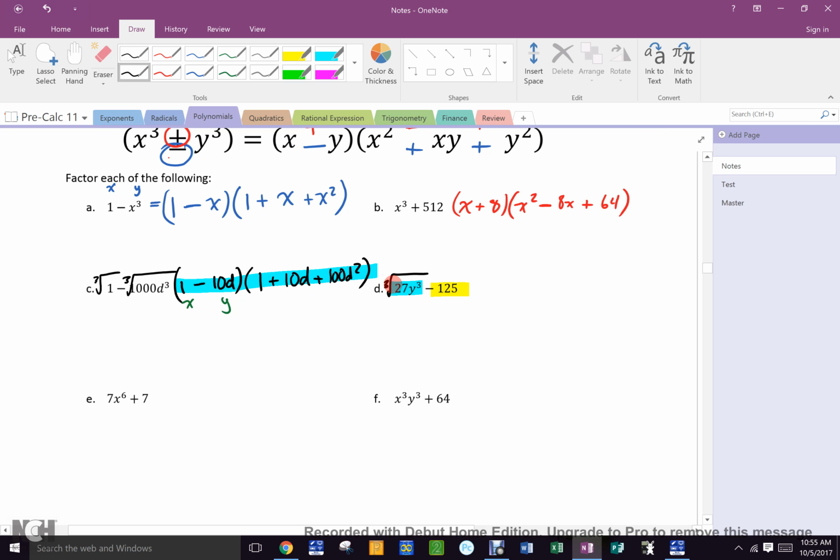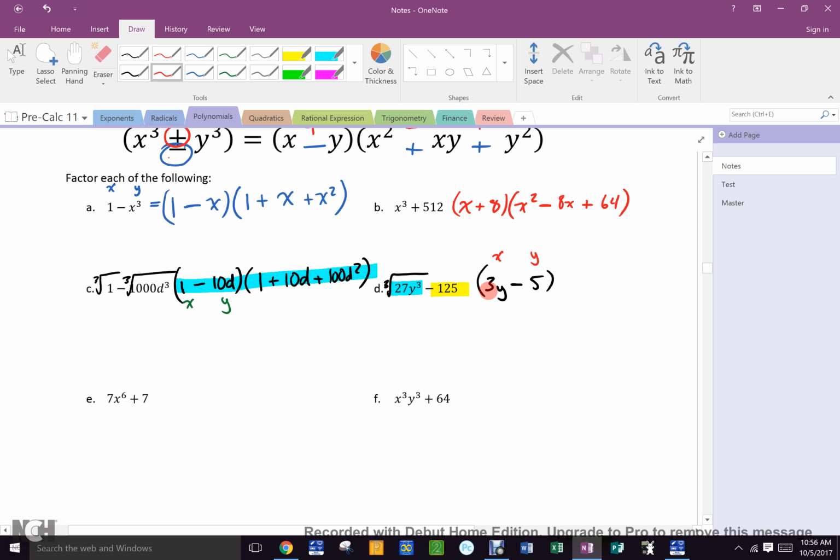What's the cube root of 27y cubed? 3y. Minus, so what sign goes here? Minus, what is the cube root of 125? 5. Now, does that give me my X and Y to follow the formula? Yes. Even though this says Y, if we're following the formula, it's the first term, so it's the X term.